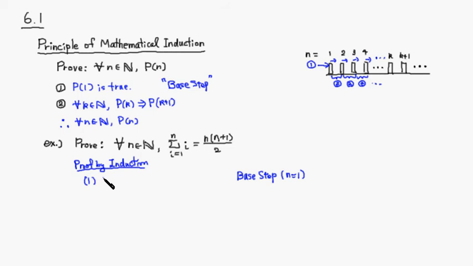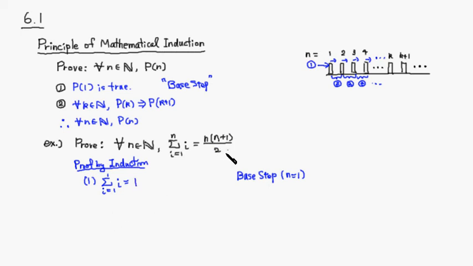When n equals 1, the summation of i from 1 to 1 of i has only one term, which is 1.